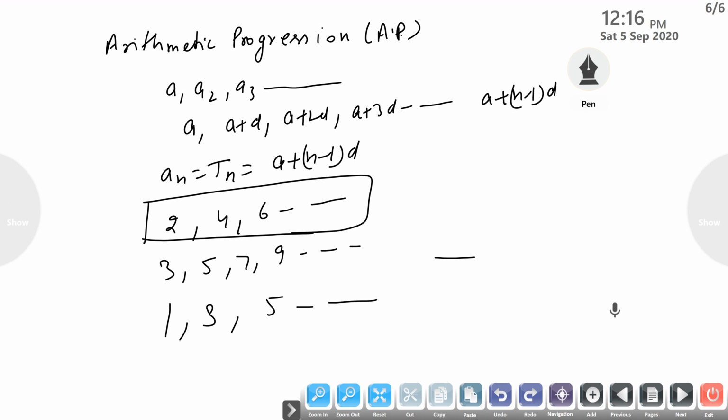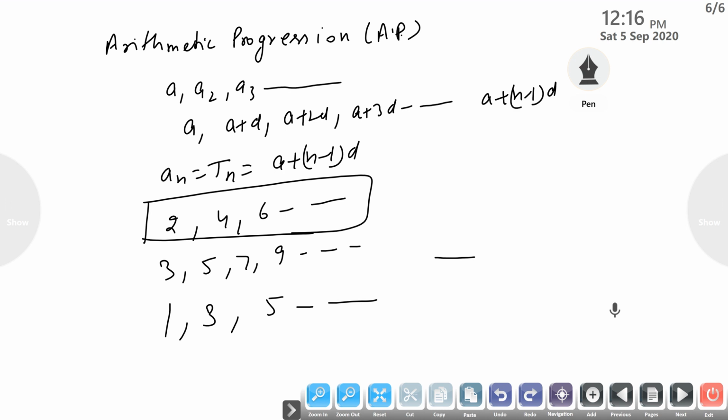So there are some general properties of AP. If we add a constant to each term of an AP, the resulting sequence is also an AP. If we subtract a constant value from each term, it is also an AP. Similarly, if we multiply each term by a constant value, it is also an AP.